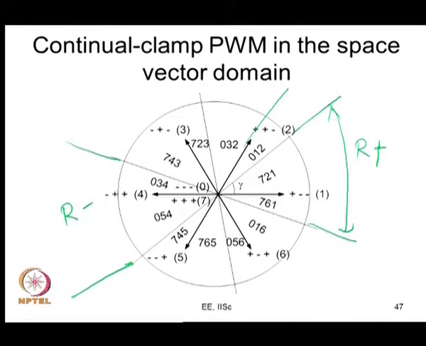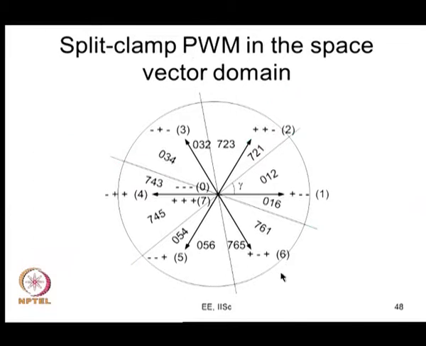So, here V error for R phase will be 0 in this region, and again V error for R phase is 0 in this region. In the other regions it will depend on the current direction, it will be plus VDC by 2TS or minus VDC by 2TS.